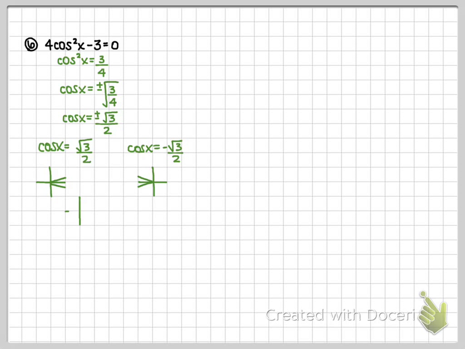I think what I can do is take that positive pi over 6 and match it up with that 7 pi over 6. Likewise, I can do my 5 pi over 6 and match it up with my 11 pi over 6.